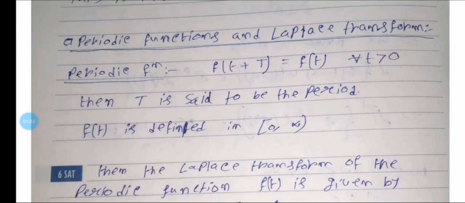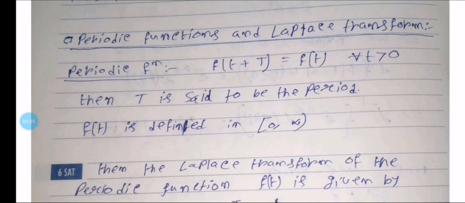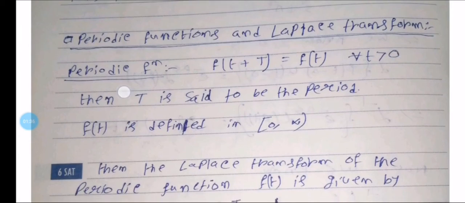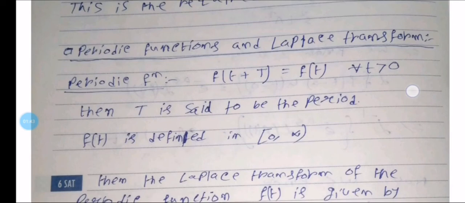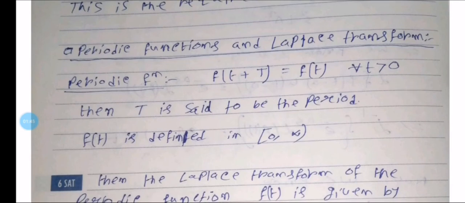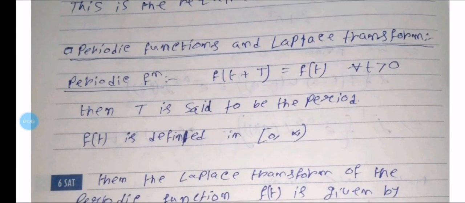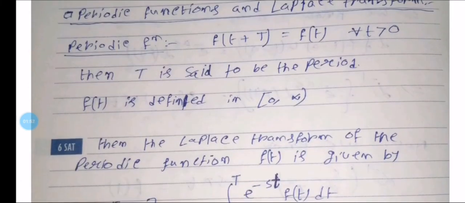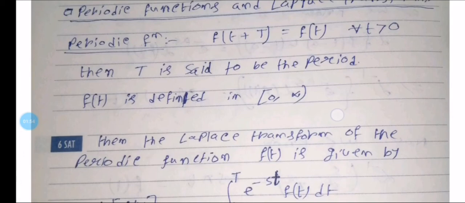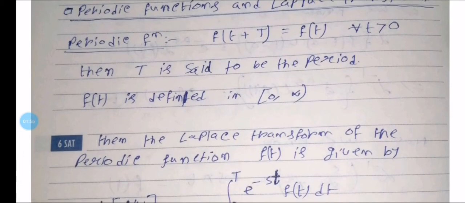Next we come to periodic functions and the Laplace transform. So what is a periodic function? If a function can be written as f of t plus capital T equals f of t for all t greater than 0, then capital T is said to be the period and the function f of t is said to be a periodic function. The function f of t is defined in the interval 0 to infinity, that is, the positive interval.